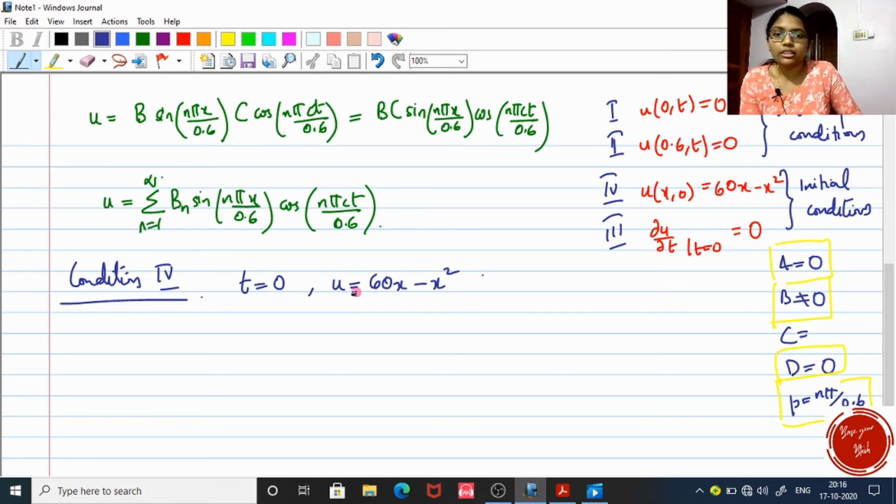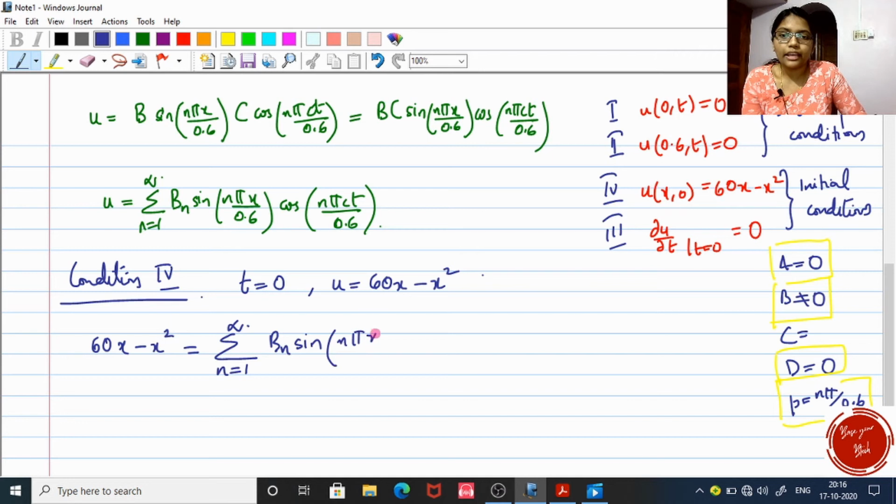So let's put 60x minus x square in the LHS equal to sigma n equal to 1 to infinity. Now put t equal to 0. So t value is just over here. So cos 0 turns out to be 1. Cos 0 is 1, isn't it? So it is simply bn sine n pi x divided by 0.6 into 1.